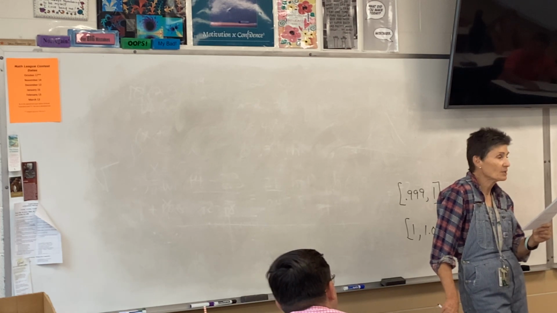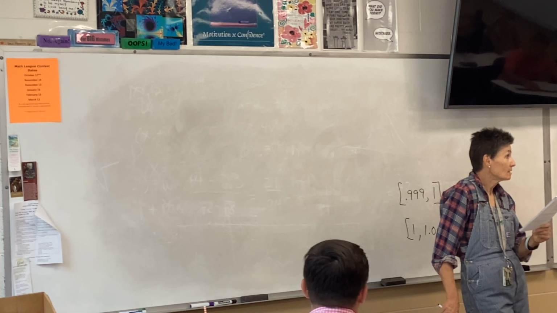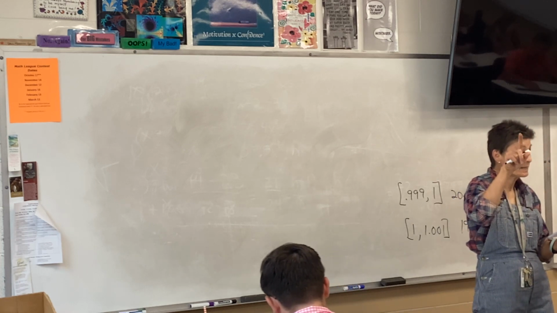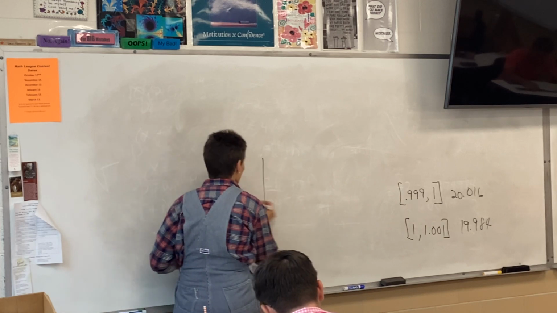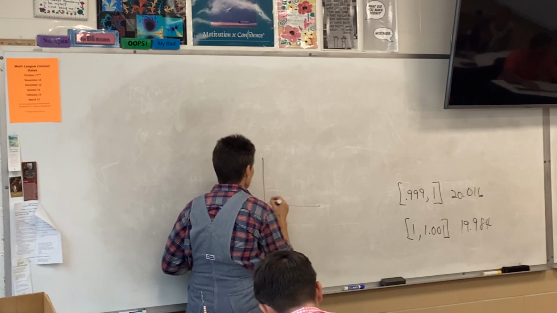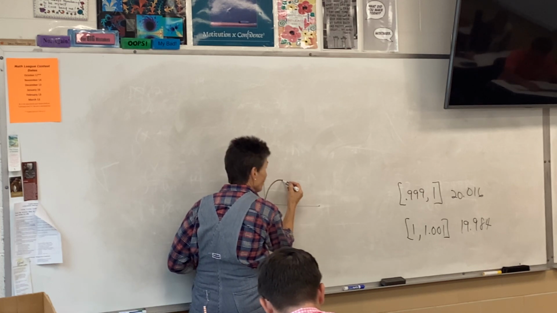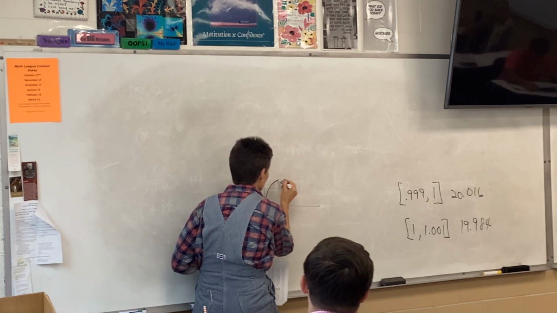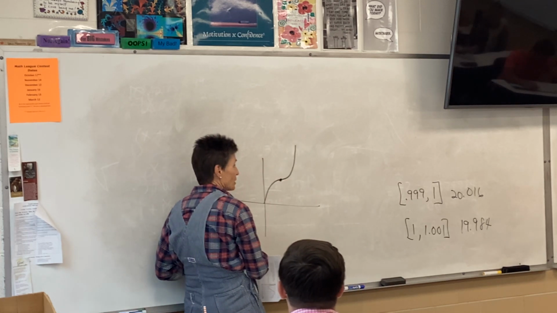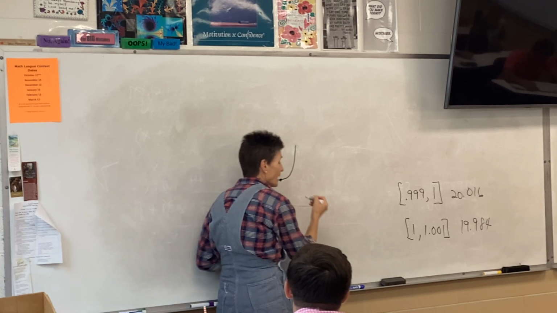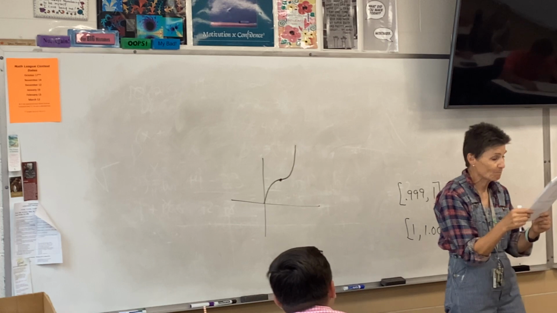It's where the concavity changes from concave up to concave down. It's very hard to describe, but you can feel it when you draw it. You're going from concave down, and then your arm twists and you go to concave up. That's a point of inflection. We're changing from concave down to concave up, or vice versa.